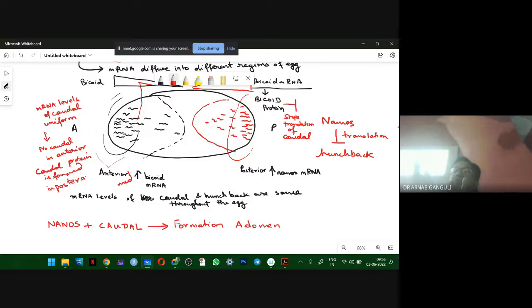So hunchback will not be expressed in the posterior end, like caudal is not expressed in the anterior end. Nanos is not present in the anterior end of the egg, so there hunchback protein is formed. Hunchback means in Drosophila mutants where this hunchback gene is mutated, the back is somewhat elevated, like a hunch.